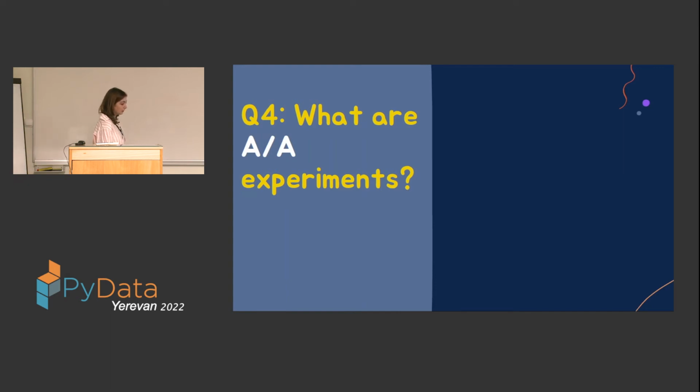Also related to randomization, some companies are buying tools, for example Optimizely, to run their experiments, but some are building their frameworks themselves. And this was a tricky part in one of the companies.